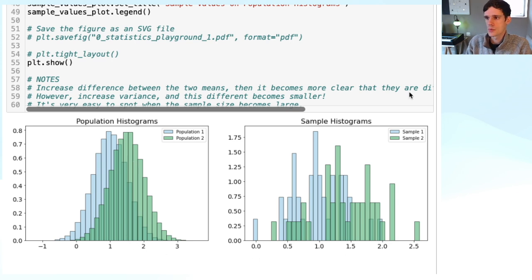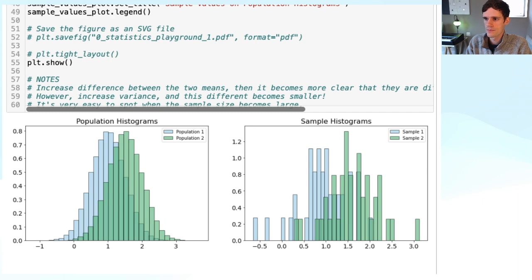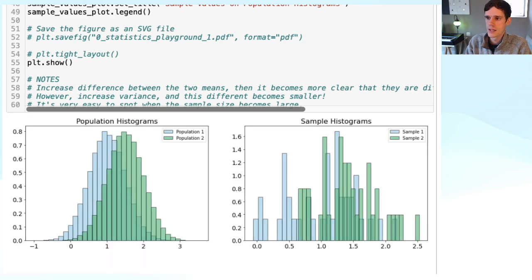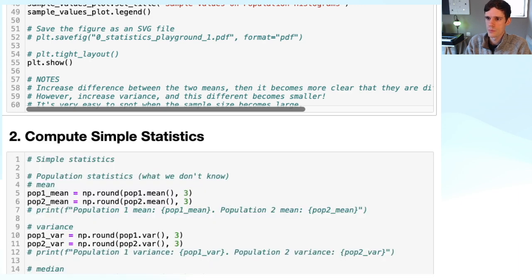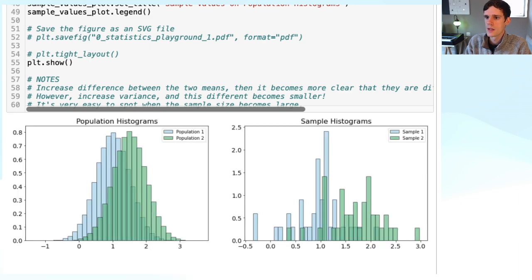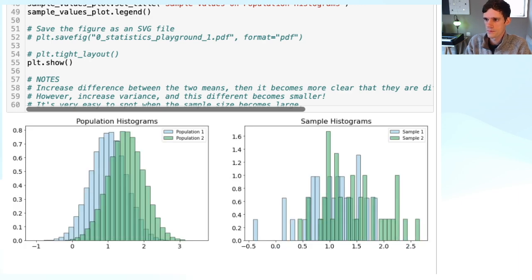The second thing that we can learn by looking at these sample histograms is apparent when we run this cell over and over again. We see that each time that we run this cell, we get a different sample histogram, whereas the population histogram simply remains identical. So let's understand why this is.